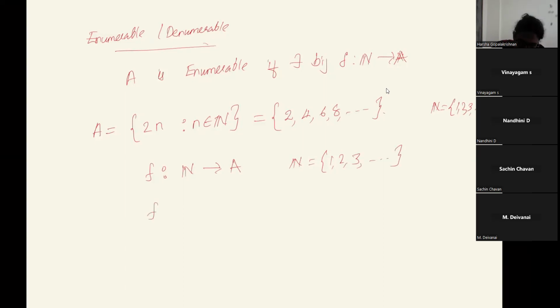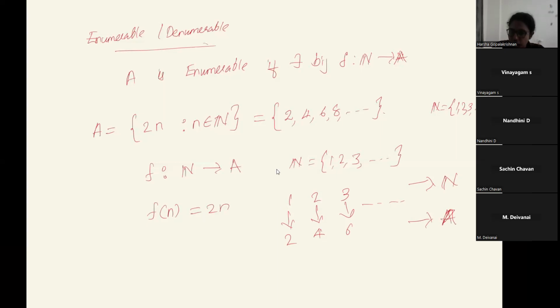I am defining the map f as f of n equal to 2n. So 1 is mapped to 2, 2 is mapped to 4, 3 to 6, and so on. The first row contains the elements from N, and this covers all the elements of A. So clearly, this is a bijection, right?